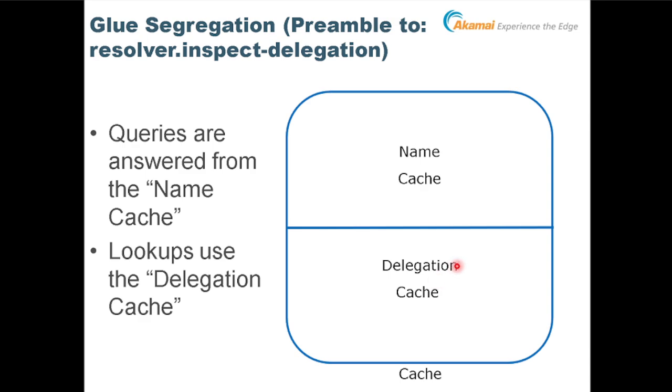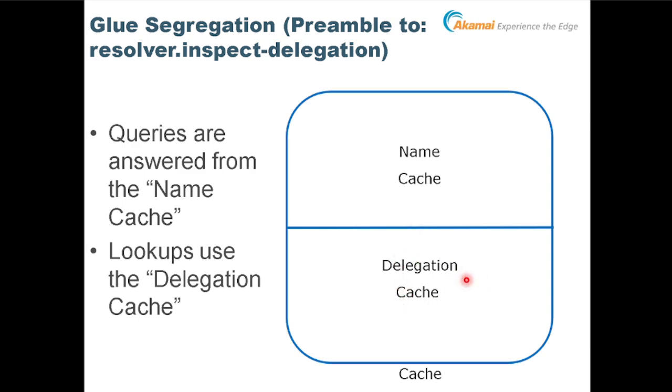Well, when we talk about stub zones or stub statements, as they're called in CacheServe, that's like a permanent entry in the delegation cache.